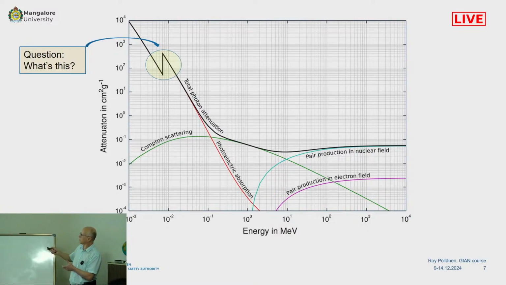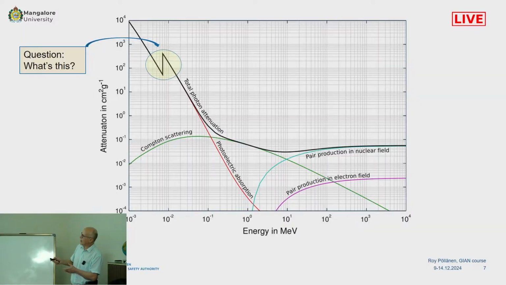I forgot to put it in here. The main area in terms of energy is between around 1 MeV down to 0.1 MeV. Then pair production rises.